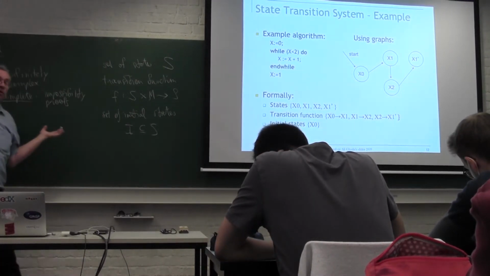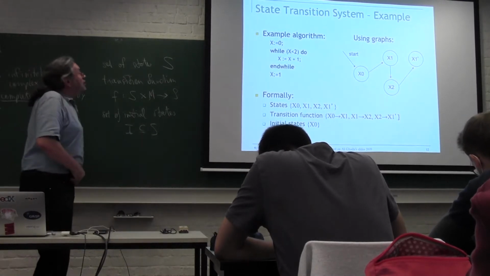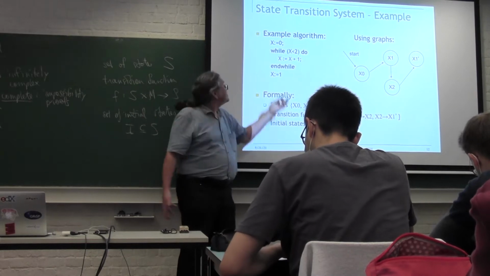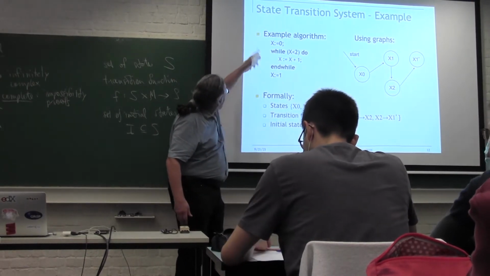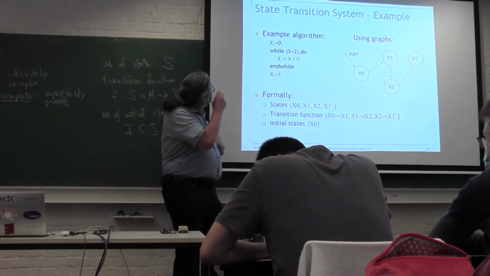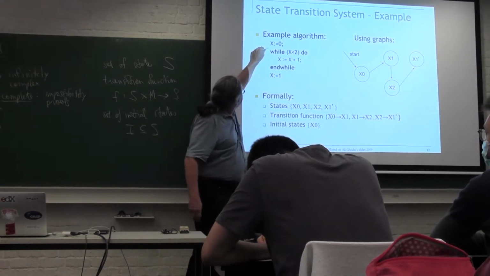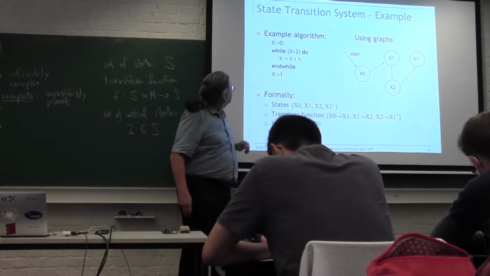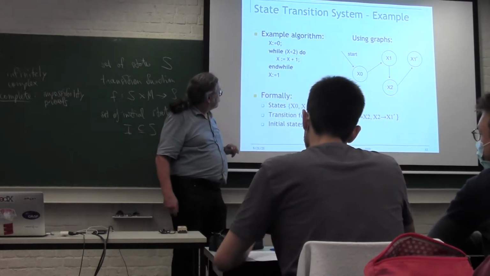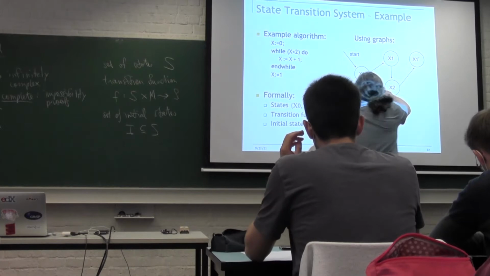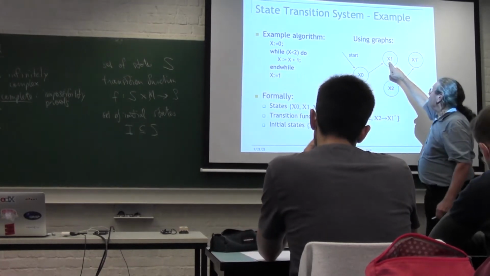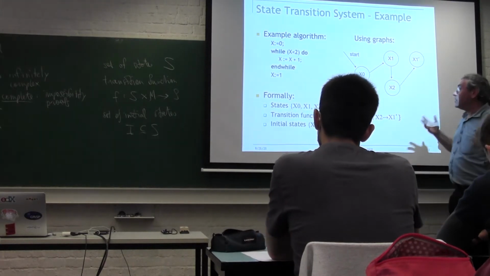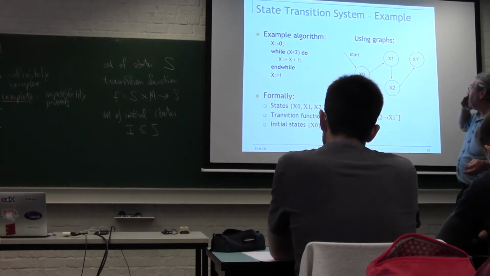I'm not going to say so much about this, but we're going to use it all the time. All the programs you run are doing this, okay? So here's a little program written in some weird pseudo code. x gets 0, while x is less than 2, do x is x plus 1, and then you find x equals 1. So you have states here. Each state is just the value that's in the variable x. The state is just all the values in the variables, okay?